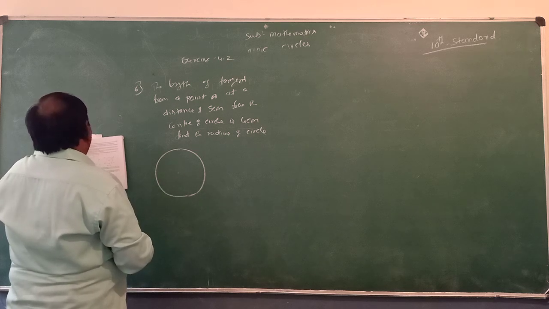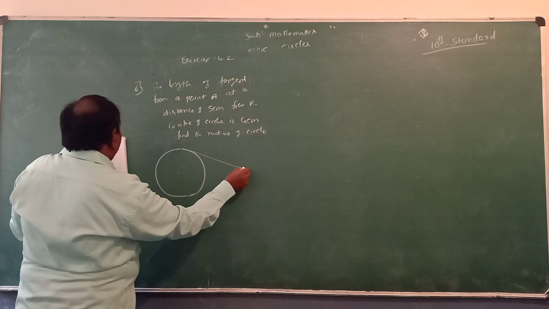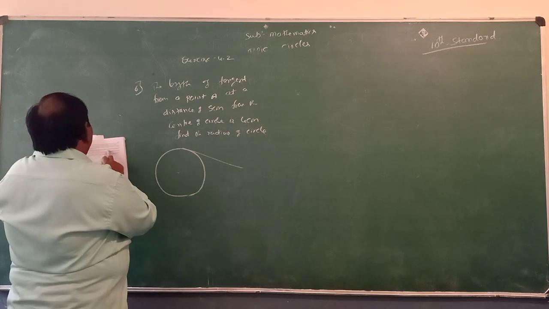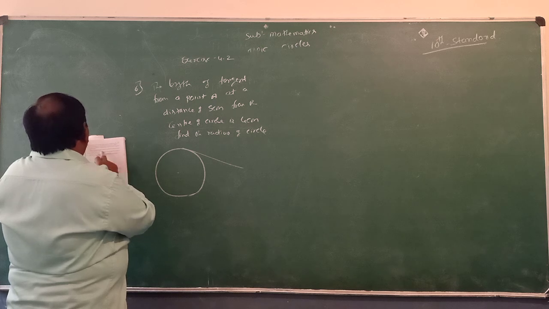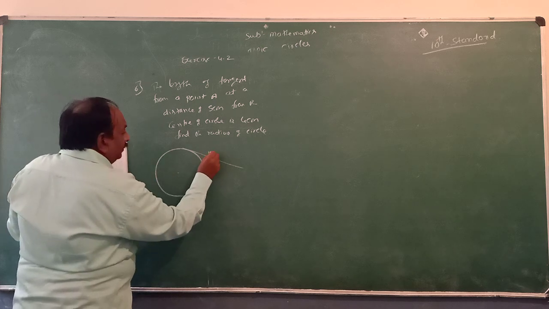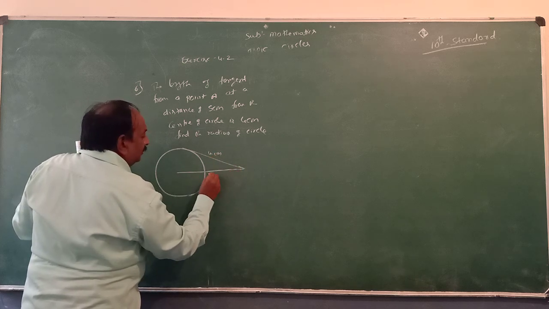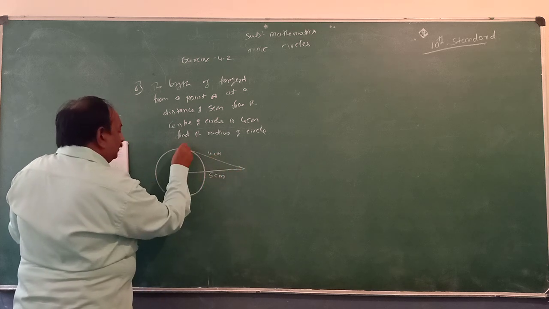The length of the tangent from a point A at a distance of 5 centimeter from the center of the circle is 4 centimeter. This is 4 centimeter, the length of the tangent. This is 5 centimeter.